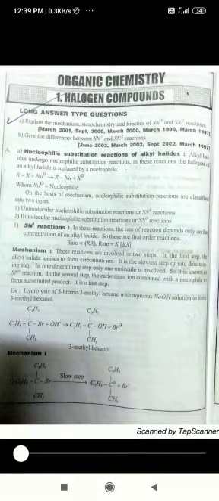Halogen compounds contain halogen as one of the constituents.